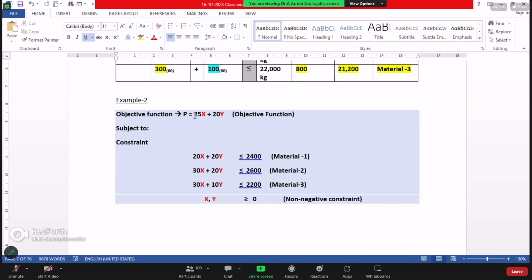Okay, the same style, same way, then you can get the steps. You have the table, right? You put these values, right? But I have changed it. The product one is now 25 rupees profit per unit and product two is 20.